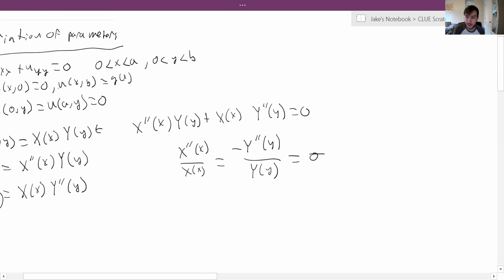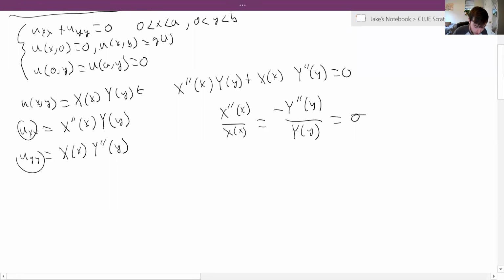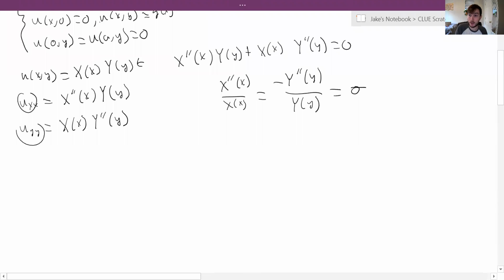I don't want to write this every time. Now, what that allows us to do is this gives us 2 equations, 2 second-order single variable differential equations, which is great because that is something that we are used to solving. I'm also going to drop the arguments at this point, and I'll show you what I mean by that.